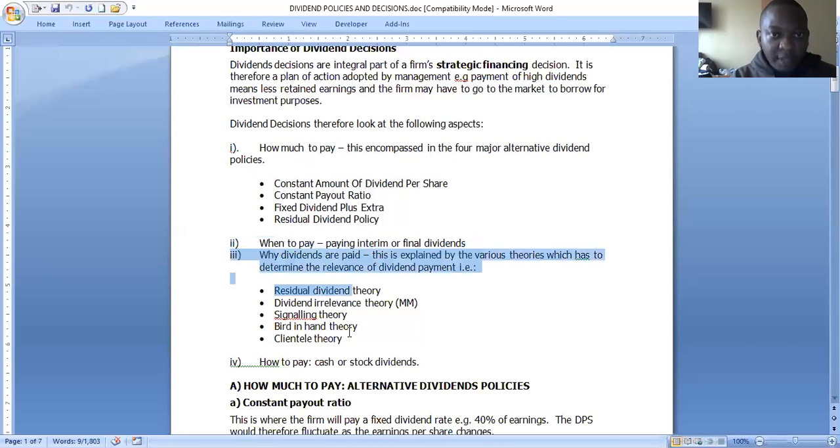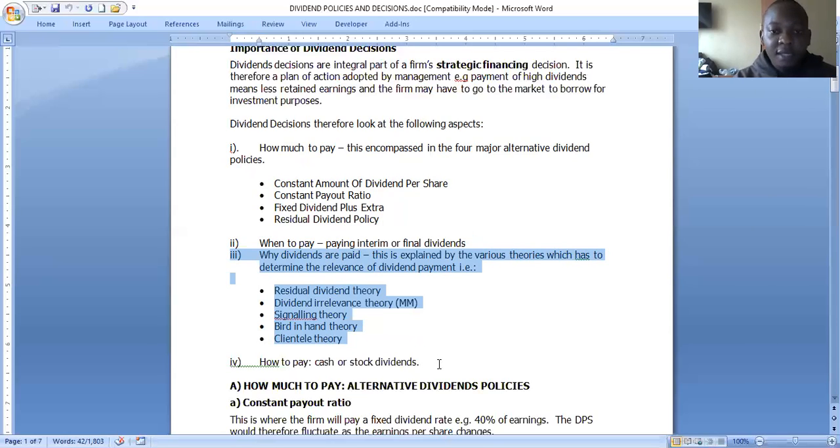The third aspect of dividend decisions is why dividends are paid, and this is supported by several dividend theories. So we have the residual dividend theory, we have the dividend irrelevance theory by Modigliani and Miller, or in short, M&M theory. We have the signaling theory, we have the bird in hand theory, and we have the clientele theory.